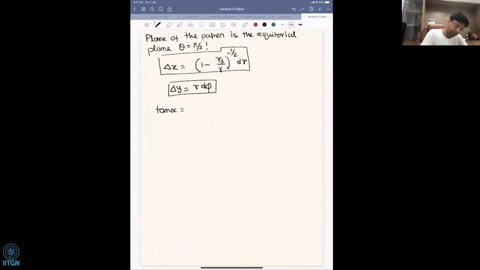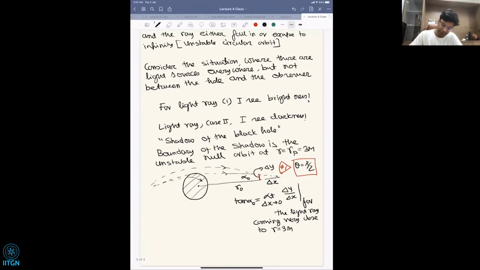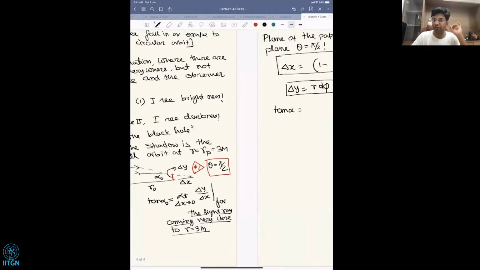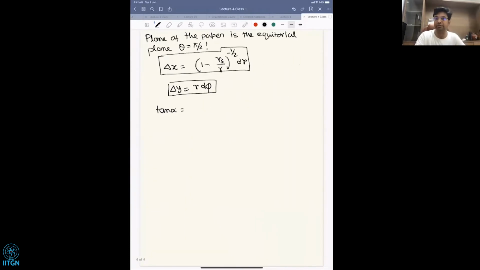Remember, this is true for a particular light ray. This has nothing to do with the light ray coming at 3m. It is true for all light rays coming to you. I have to impose an extra condition, that this is for the light ray coming from very close to r equal to 3m. So I still cannot call alpha equal to alpha naught; I will call it some alpha.